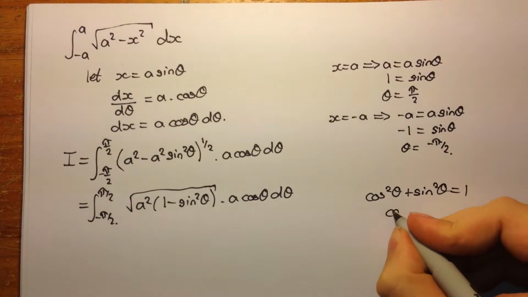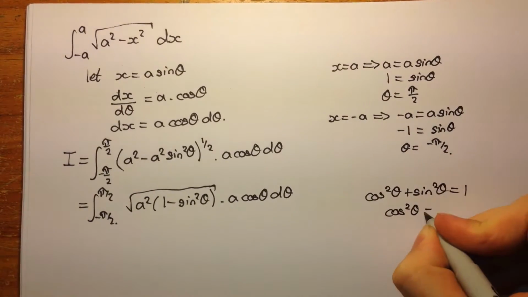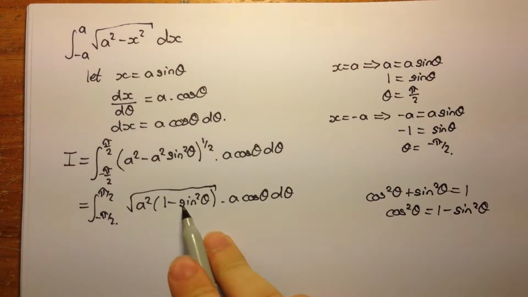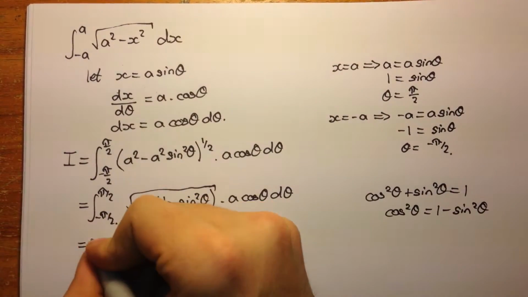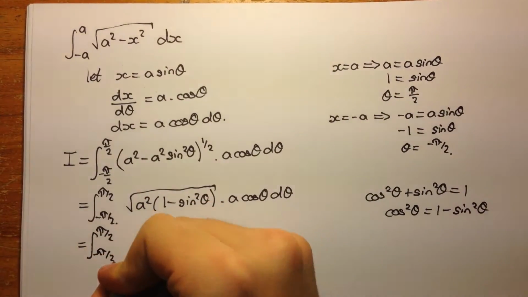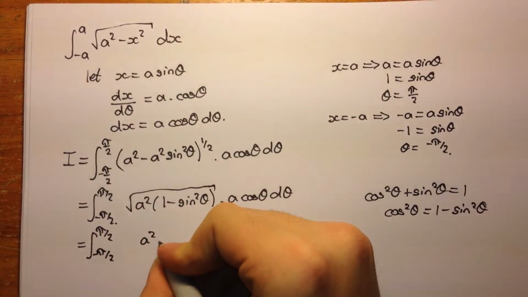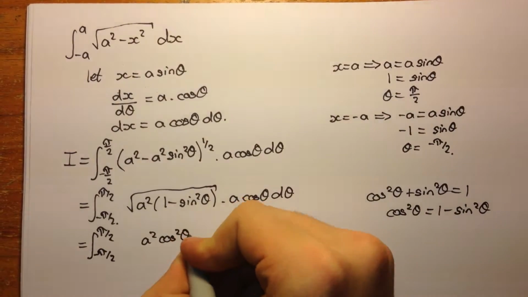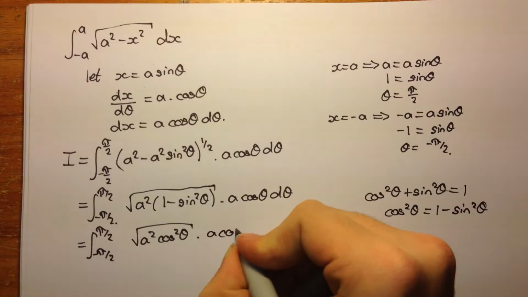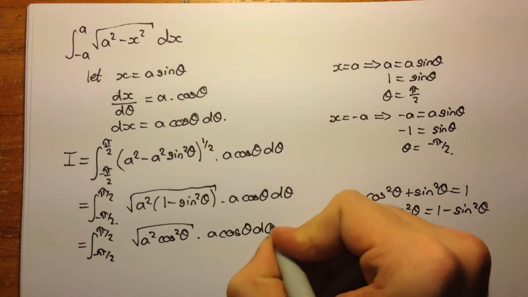This tells us that cos squared theta is 1 minus sine squared theta. Now we can substitute that into here. We get a squared cos squared theta. We take the square root of that. We multiply that by a cos theta d theta.